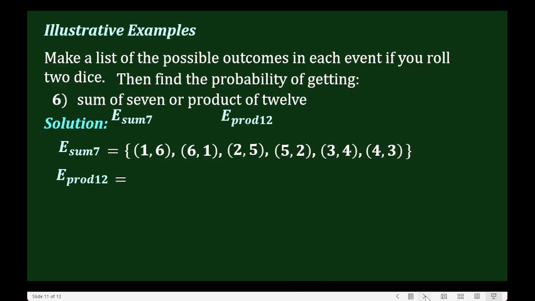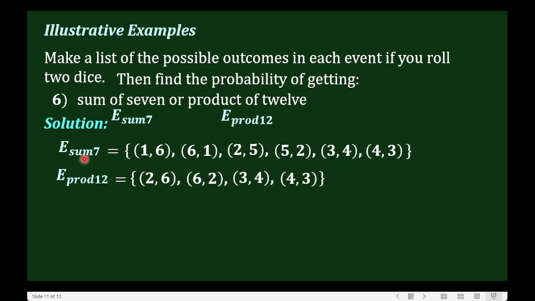And the elements of these events are a combination of 2, 6, because if we multiply them, the product is 12, or that could be 6, 2. Another combination of the pair of dice, we have 3, 4, and 4, 3. Okay, so we only have 4 outcomes now.